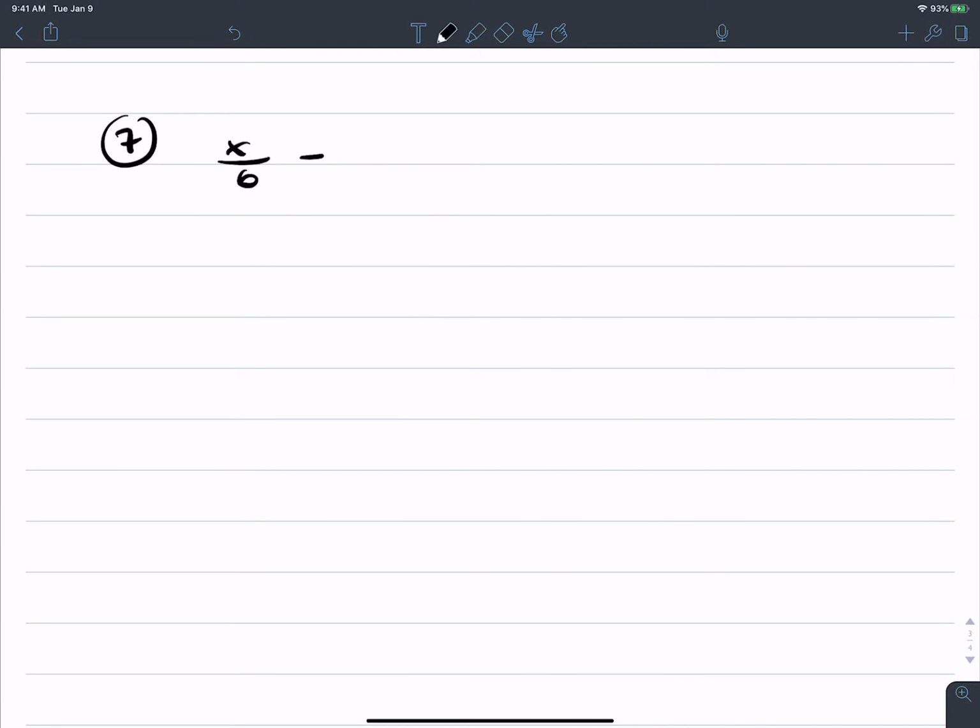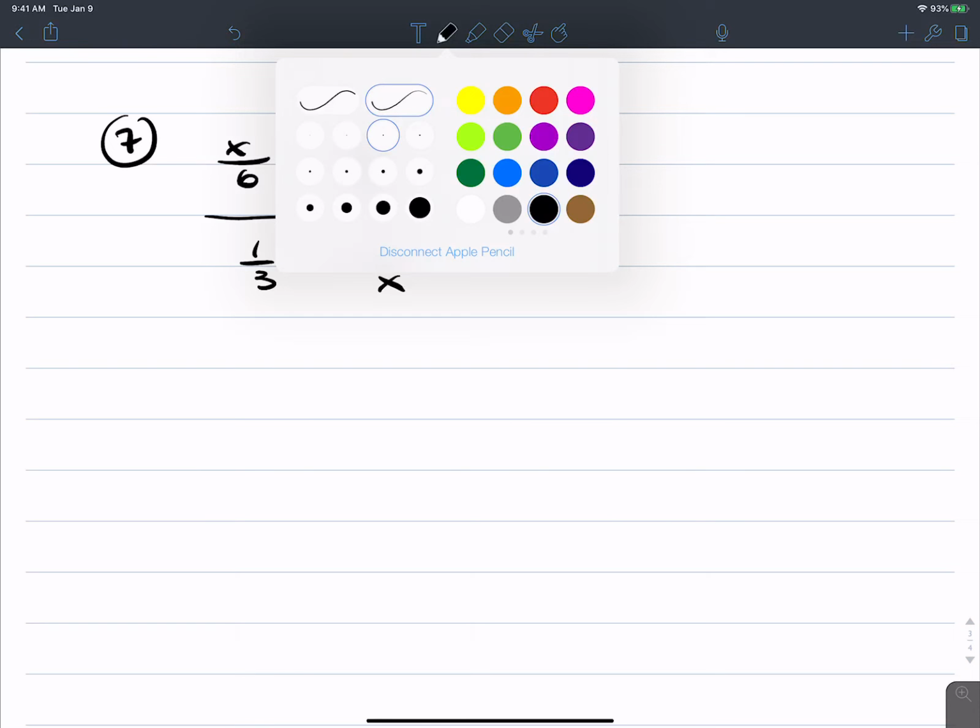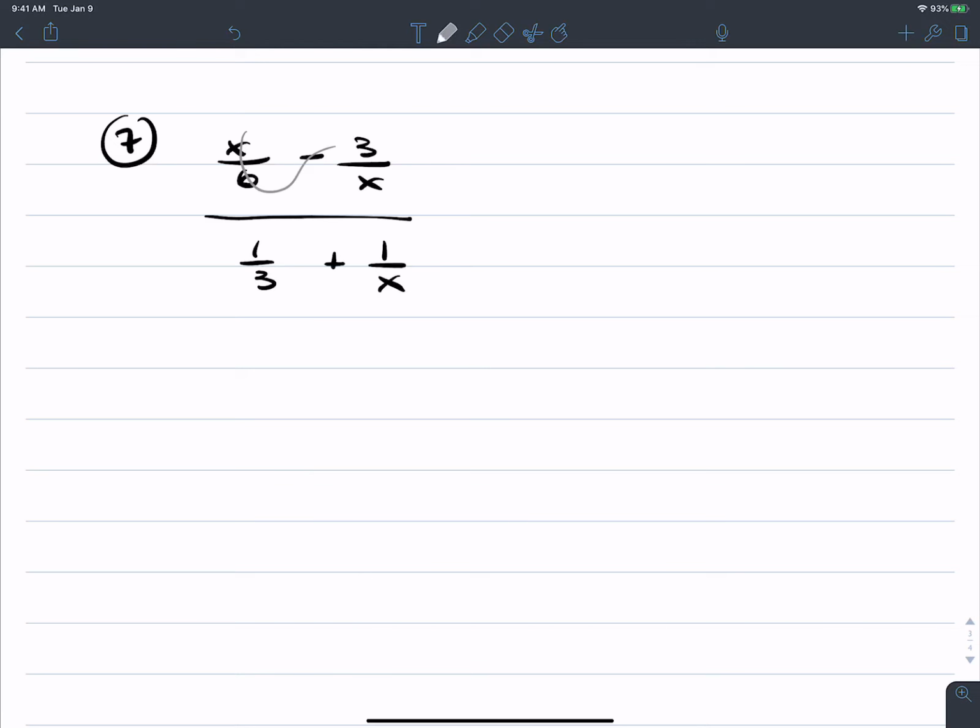x over 6 minus 3 over x, over 1/3 plus 1 over x. Now again, you have a numerator on top, and there's a subtraction question for that numerator.